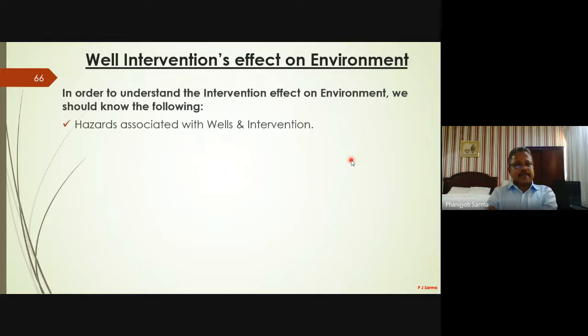So what are the hazards associated with wells or the intervention? If we do not understand clearly the hazards associated with the wells or the intervention, then we will not be able to successfully carry out the operations, and we will also not be able to protect the environment.